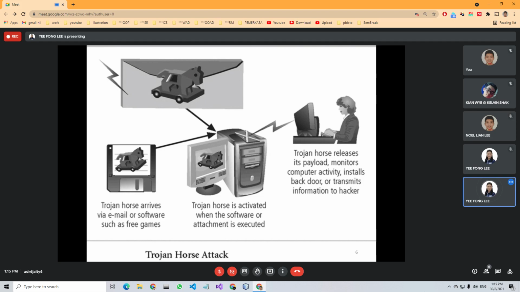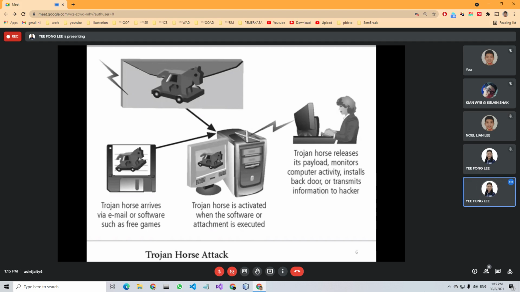So they hide themselves secretly in a computer system and secretly collect sensitive data and information to send over to the third party. So how to prevent this? Always download from legitimate websites.